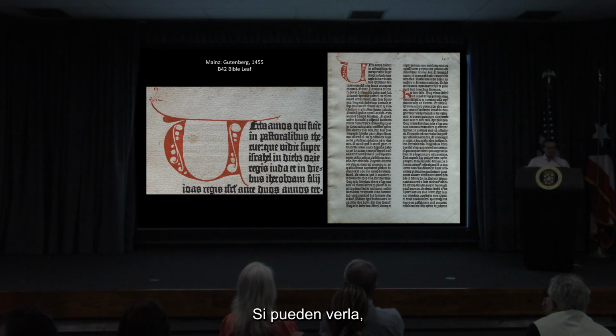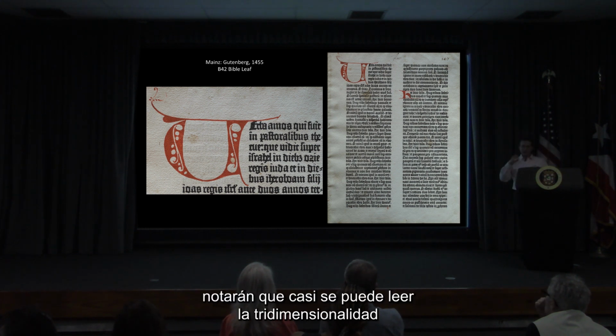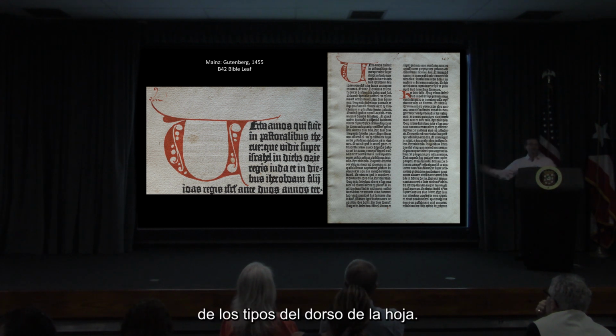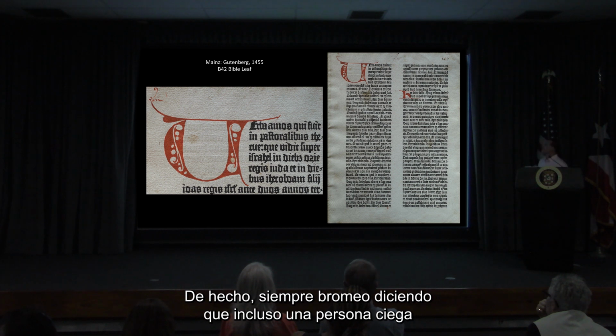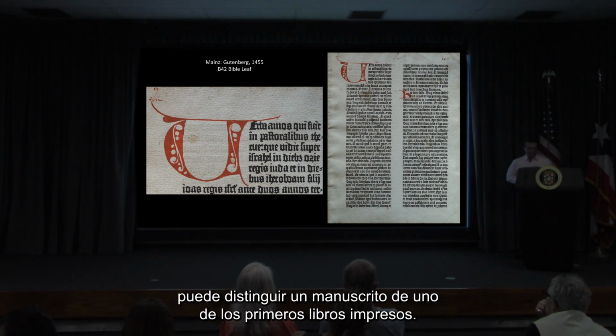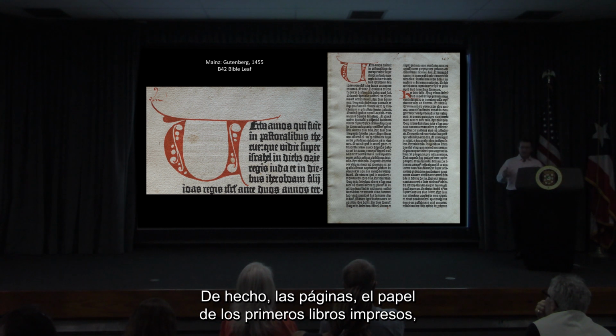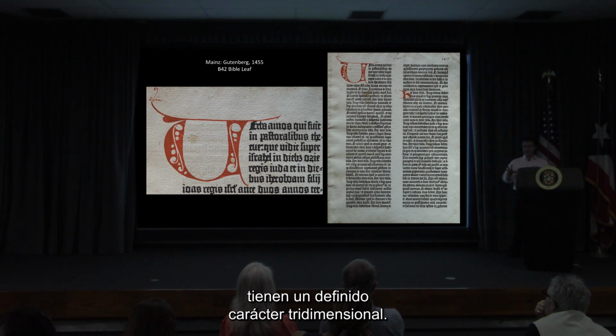If you can see, you can sort of read the three-dimensionality of the types from the back of the leaf. In fact, I always joke that even a blind person can tell apart a manuscript from an early printed book, because the paper of early printed books has a definite three-dimensional character.